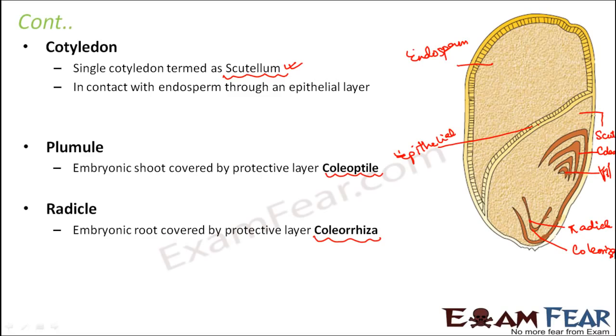Please understand this structure of the seeds very properly, because it is very important, not only for your understanding but also from an examination point of view. They often ask you to draw a labelled diagram of a monocot seed or a dicot seed, so you should be clear with the structure.